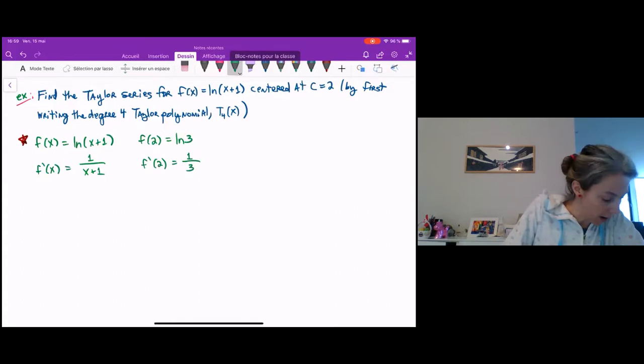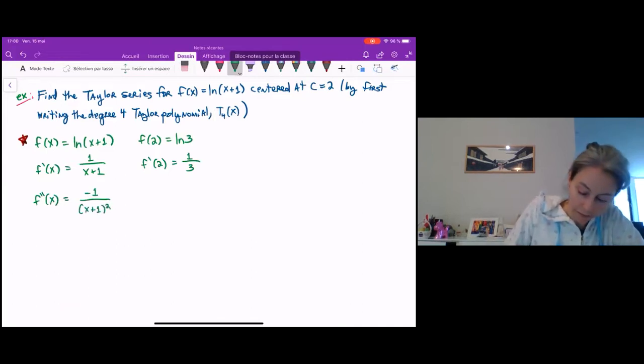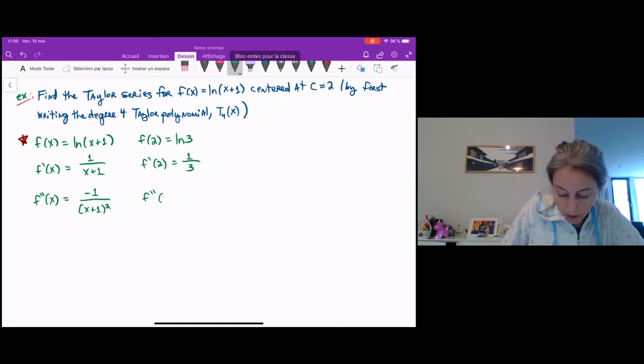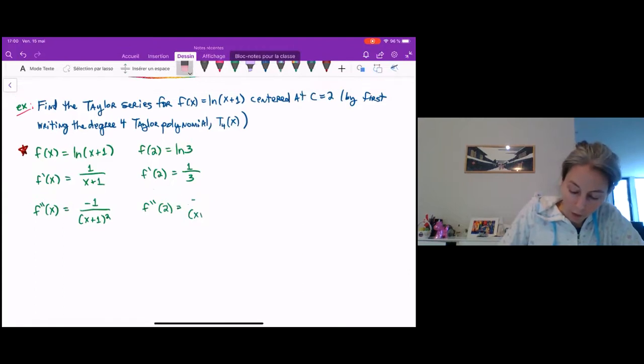Now f double prime of x is negative 1 over x plus 1 squared. So f double prime of 2 will be negative 1 over, not x plus 1, my bad, over 3 squared. So negative 1 over 3 squared.